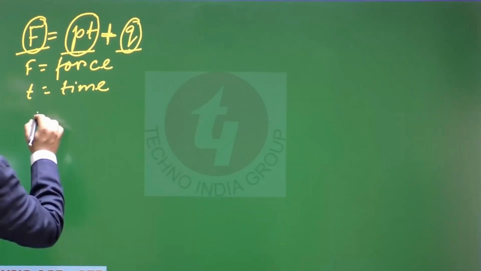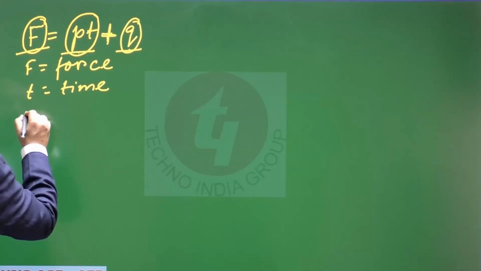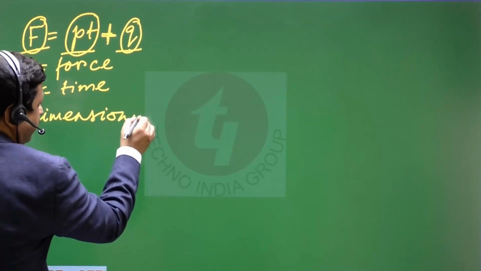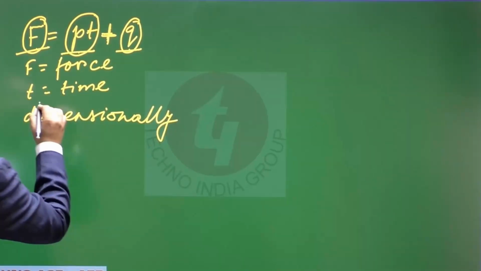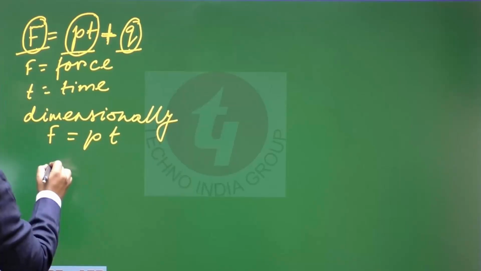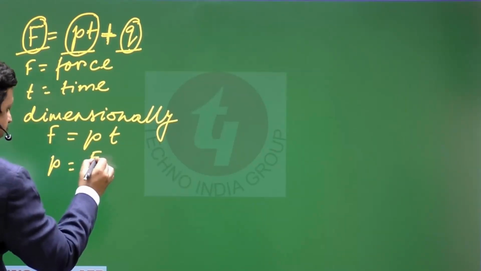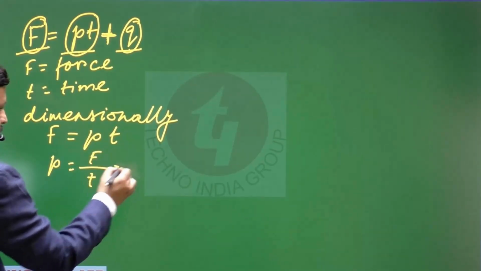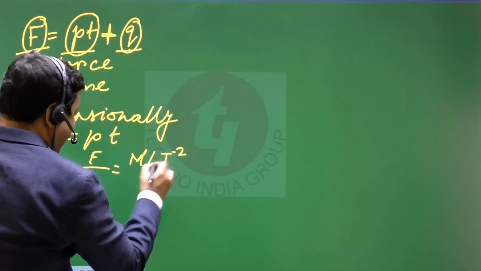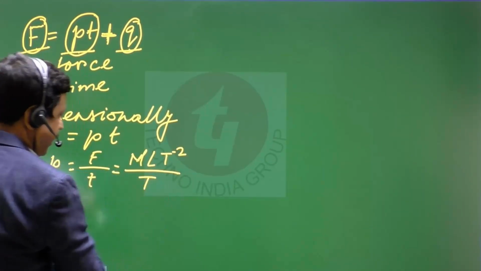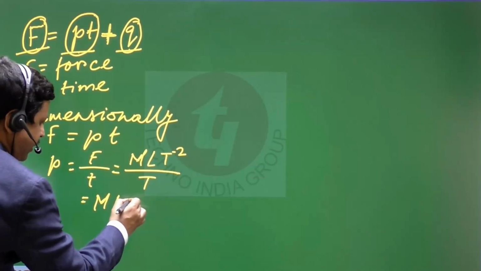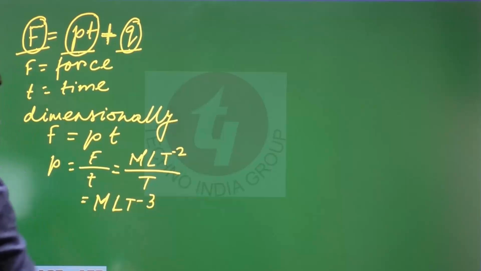So we can write dimensionally, F and PT are the same, so P will be F by T. F is force, the dimension is M L T to the power minus 2, and T is time, so the dimension of P will be M L T to the power minus 3, right?